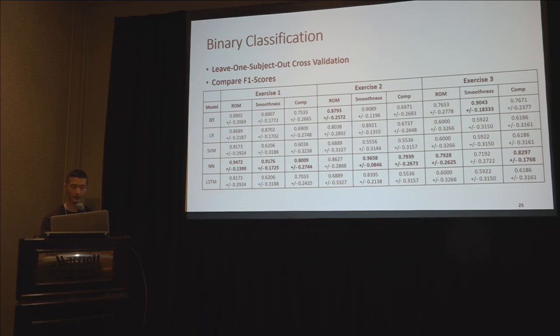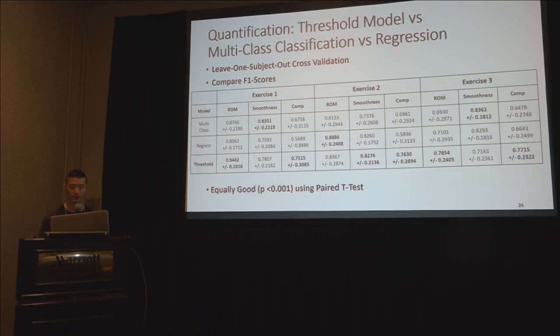Given the outperforming neural network and decision tree models, we implement the threshold model and compare it with the traditional multi-class and regression ones. Overall, the threshold model seems to outperform the multi-class and regression, and sometimes multi-class regression works slightly better. But overall, we could observe that the threshold model is at least an intermediate solution between multi-class and regression.